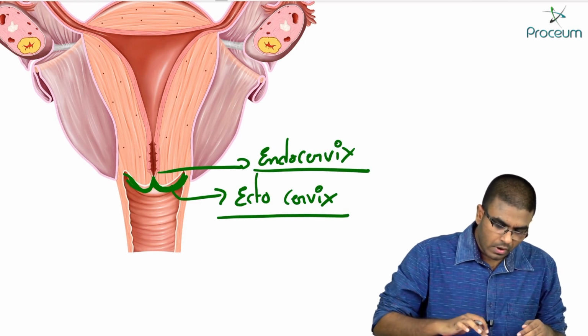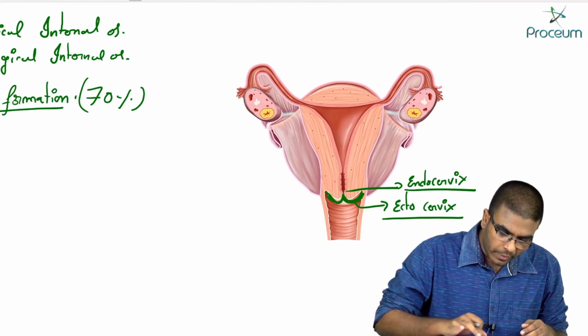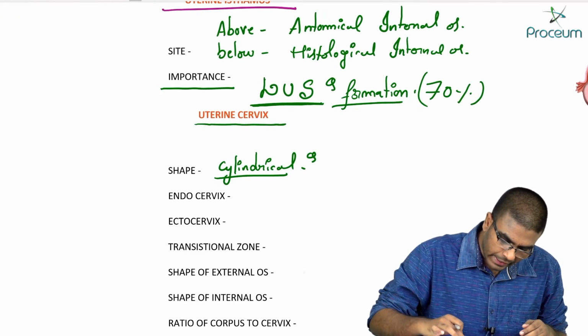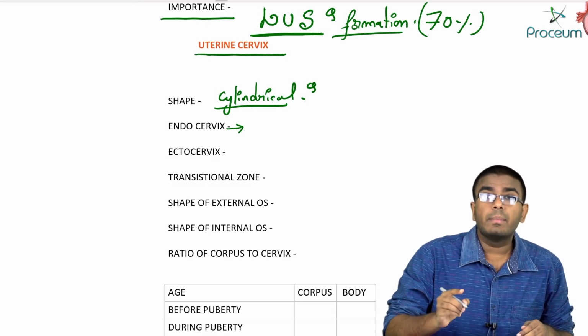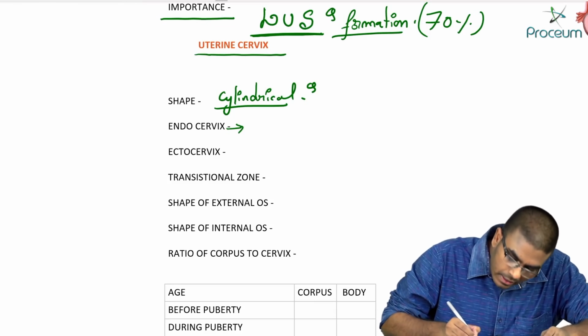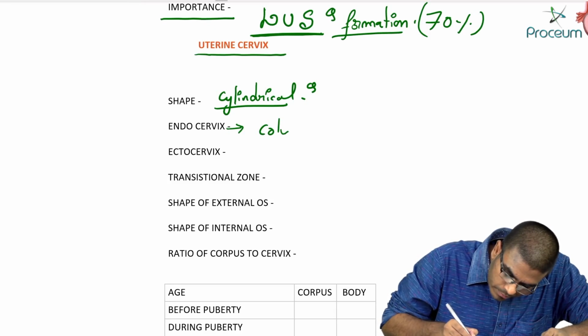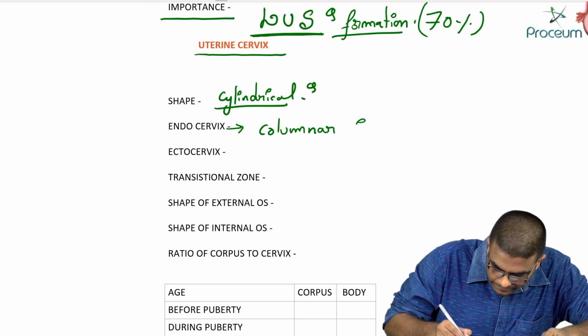Okay, now what important points do we need to keep in mind regarding the endocervix and ectocervix? Endocervix is lined by columnar epithelium.